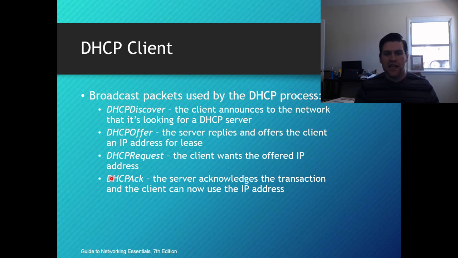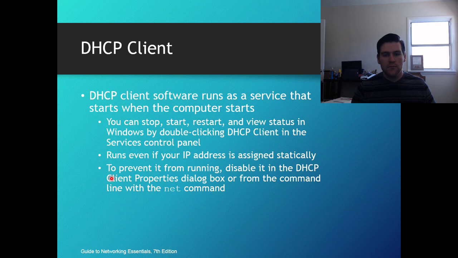Okay, so the DHCP client is a service that's running on client computers typically, right? Servers don't typically run DHCP client software. There are some instances where that would be the case, but typically this is running on a client operating system. You can look at the DHCP client service in Windows. You can also make changes using the net command.